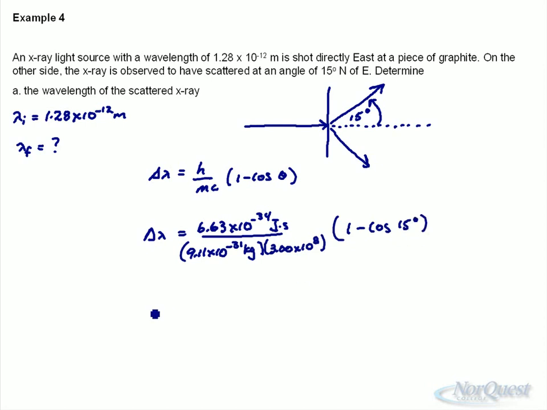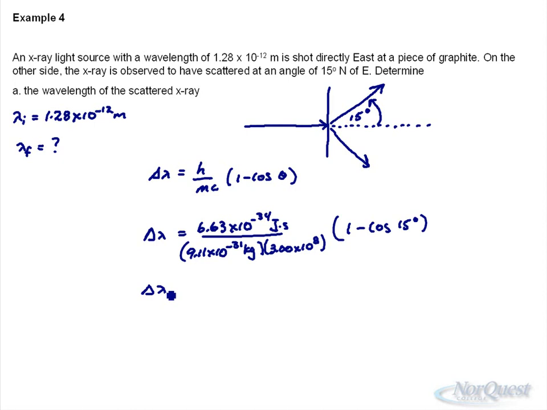You can see this could get a little bit more complicated if you had to find different parts. But again, you'd use the same formula. You'd just manipulate it for the angle, or for whatever you're looking for. You'd never solve this for h or c or m, because those are all constants.